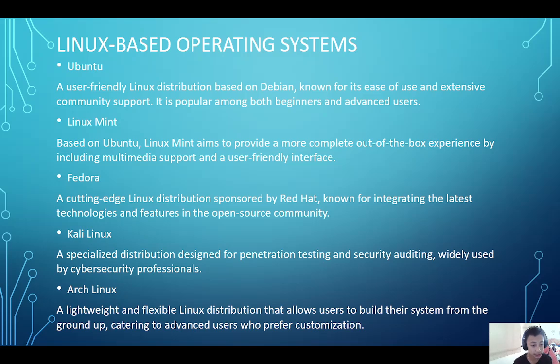Fourth one is Kali Linux, a specialized distribution designed for penetration testing and security auditing, widely used by cybersecurity professionals. Fifth is Arch Linux, a lightweight and flexible Linux distribution that allows users to build their system from the ground up, catering to advanced users who prefer customization.